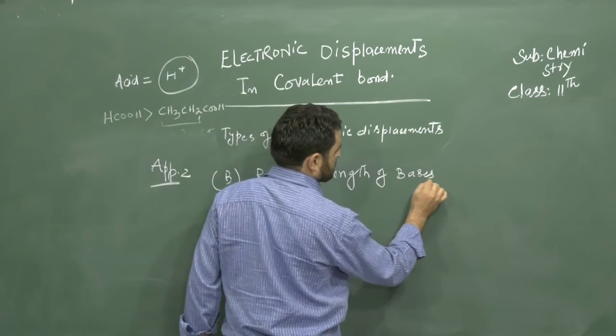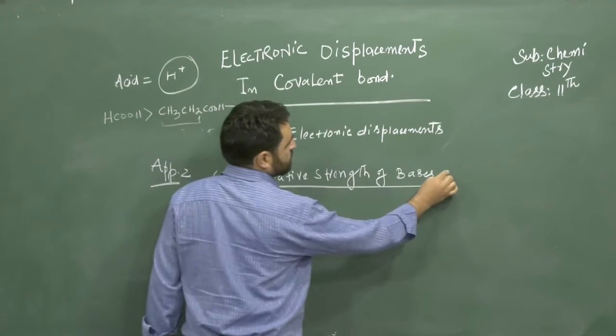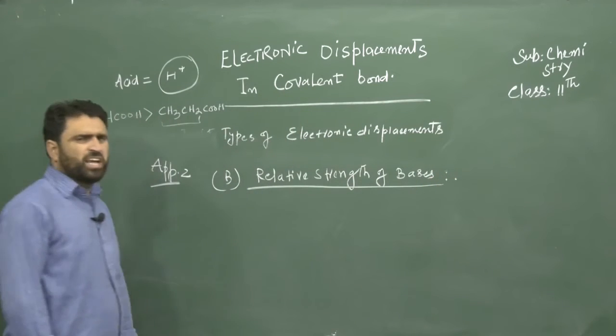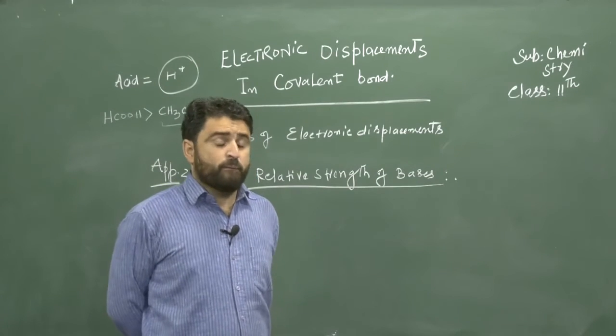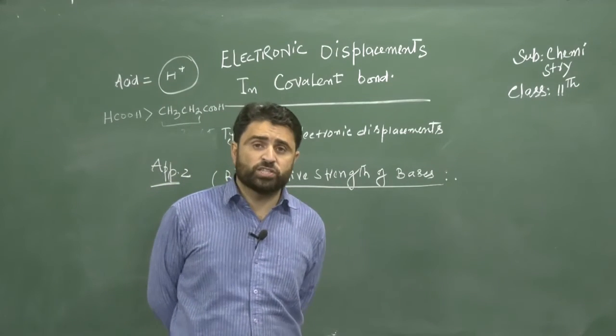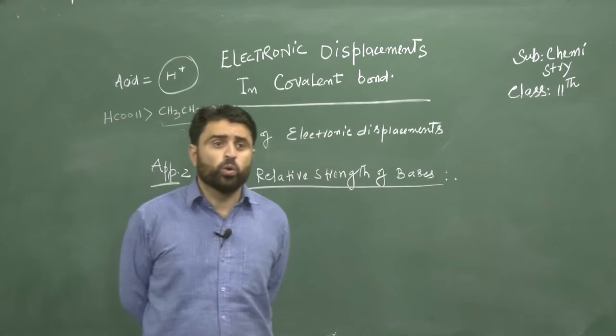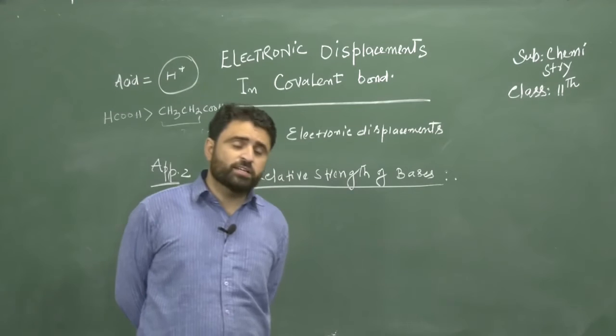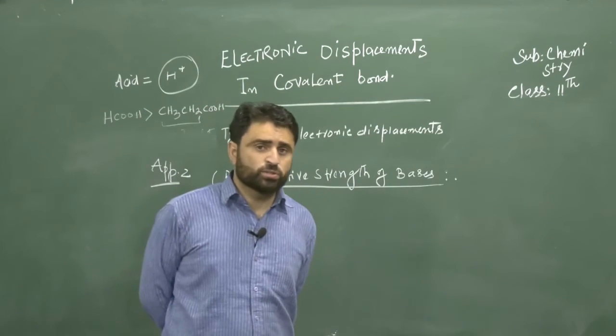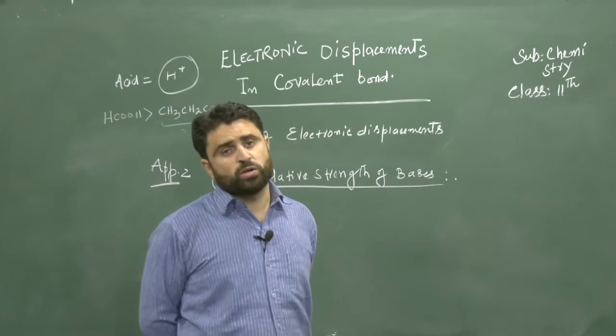Just like in acids, we have discussed that the more the number of alkyl groups attached to the carboxylic acid, the lower is the acidity, and the fewer the alkyl groups attached to the carboxylic acid, the stronger is the acid.